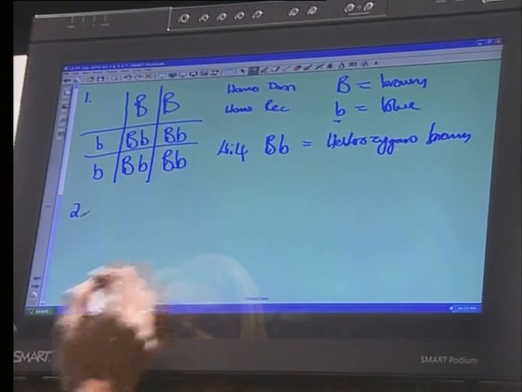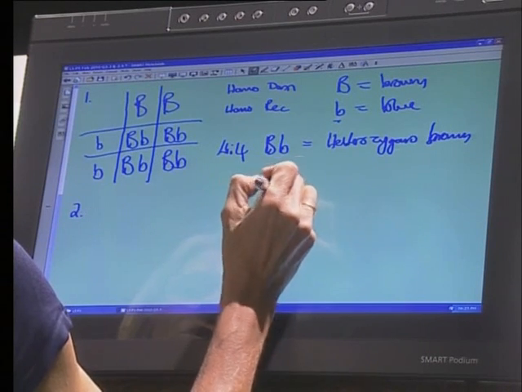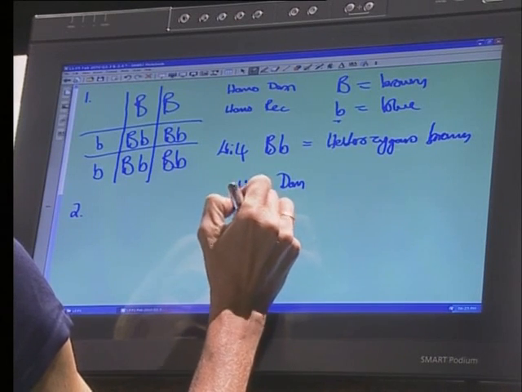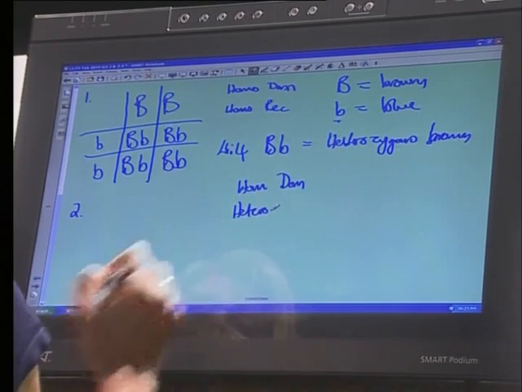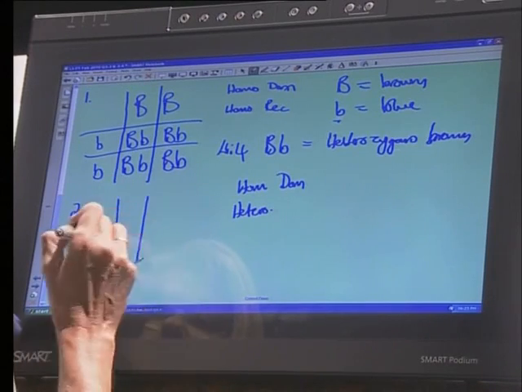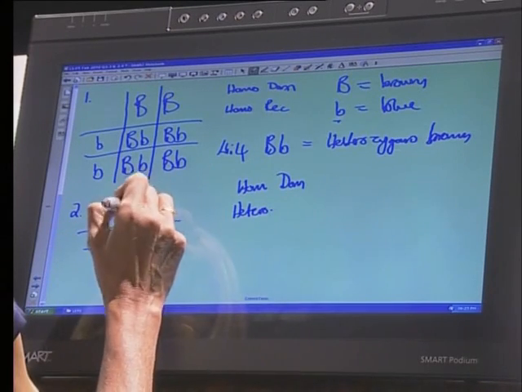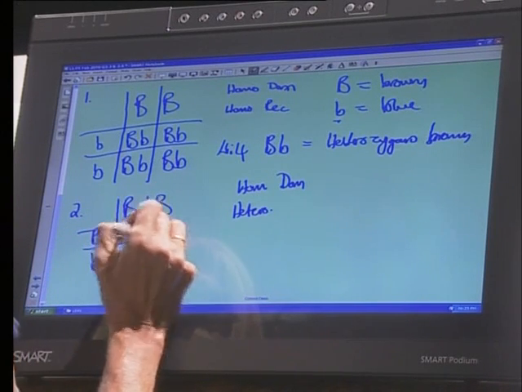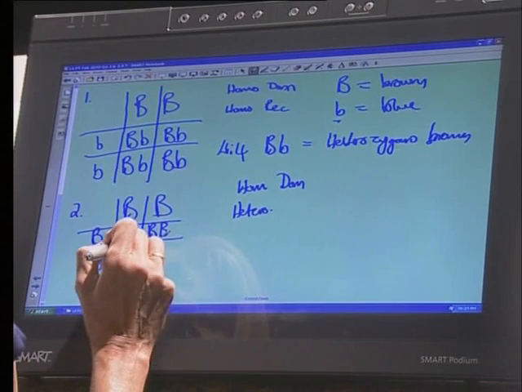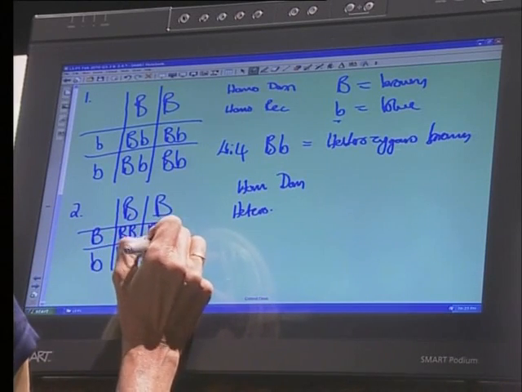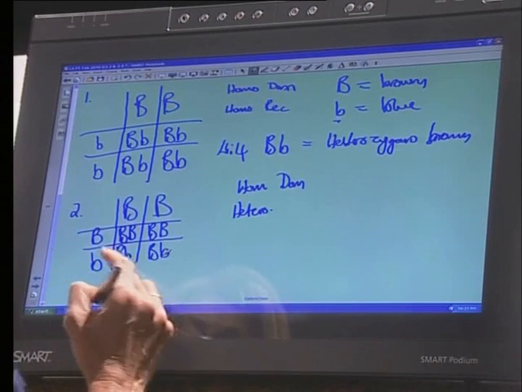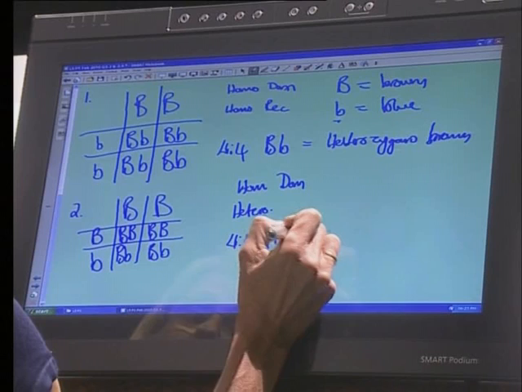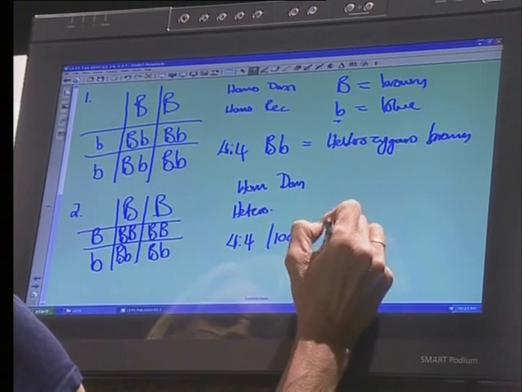Number 2, we're going to have homozygous dominant and heterozygous. I'm going to have capital B, capital B, capital B, capital B, capital B, small b, capital B, small b. In this case, I'm going to have 4 in 4, or 100%, are going to be brown.